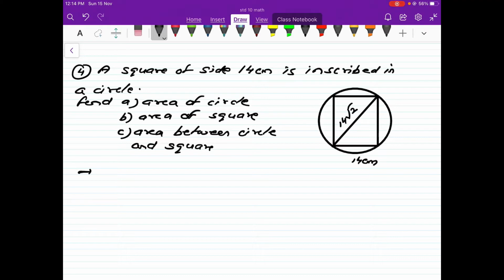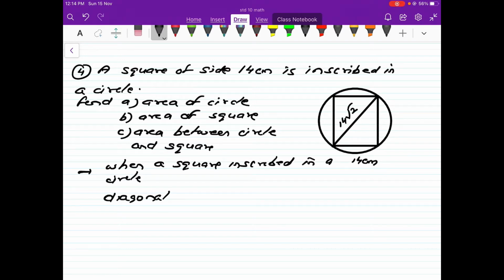Now here we should remember, when a square is inscribed in a circle, the diagonal of the square is equal to the diameter of the circle.